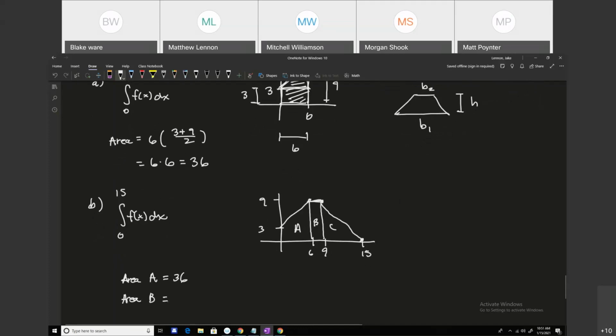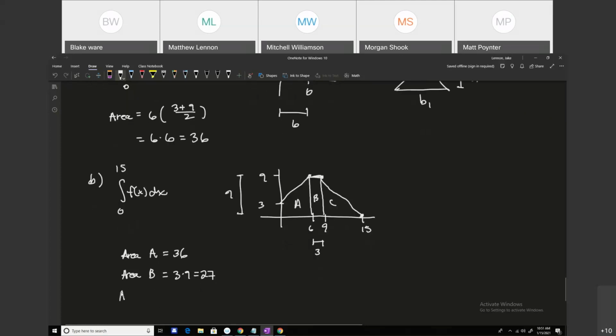The area of part B, what is that? That is the area of a rectangle. It has a width of 3 and a height of 9. So the area of B is 3 times 9, which is 27. And the area of C is a triangle that is 1/2.